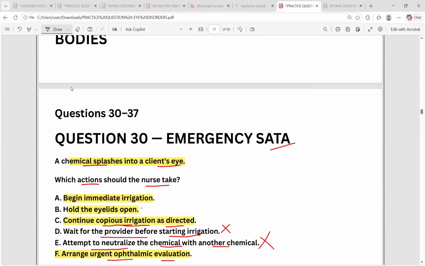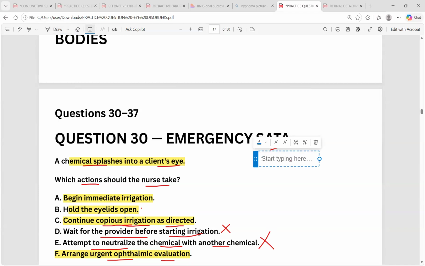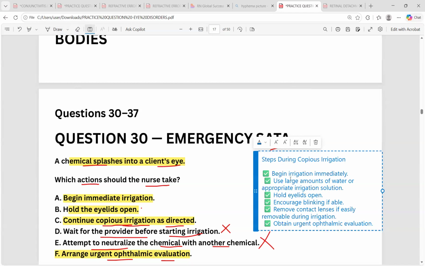So for the copious irrigation, what we can do is start the irrigation immediately. Use a large amount of water or appropriate irrigation solution. We can hold the eyelids open, and if the client is able to blink the eye, we can instruct the client to blink, so that chemical trapped inside the eye, in between the eyelids, can also be removed.